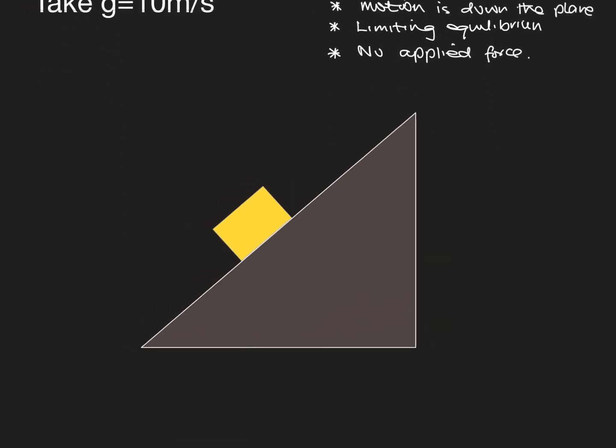So this is the diagram that we have. The mass of the body is 6 kilograms. All right, that is resting on a rough plane, inclined at an angle theta to the horizontal. And in fact, the question wants us to determine the value of theta.